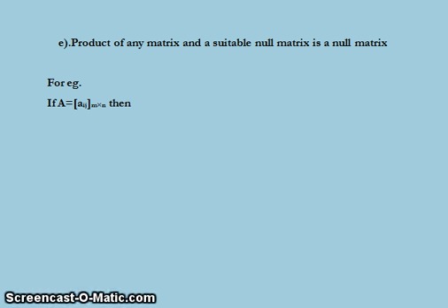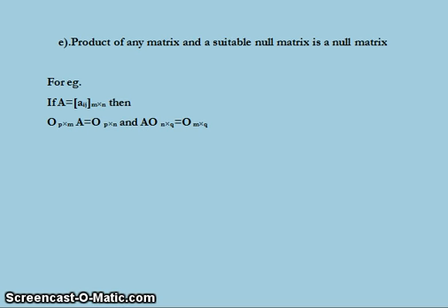For example, if A is a matrix of order m by n and has its element as aij, then the multiplication of a null matrix of order p by m with a matrix of order m by n is equal to a null matrix of order p by n, and the product of A of order m by n and O of order n by q gives us a null matrix of order m by q.